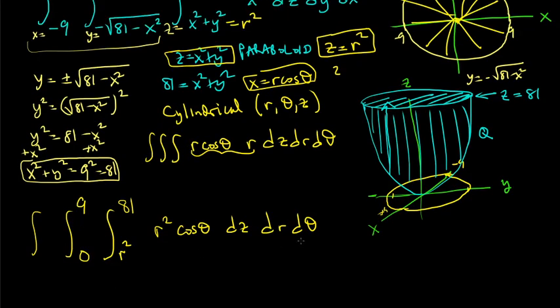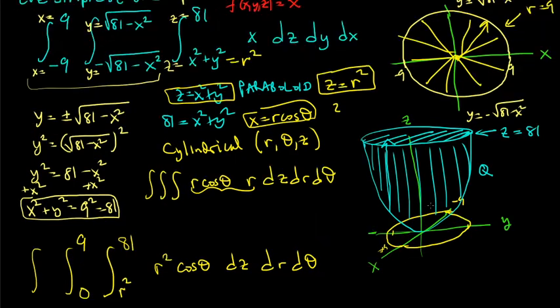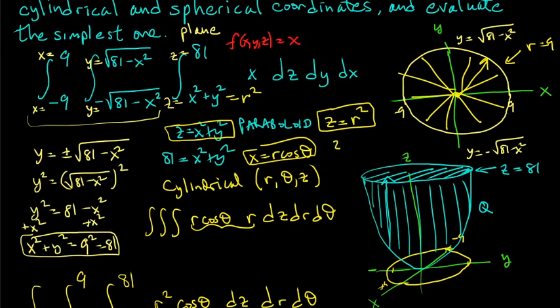Now what about theta? What is theta doing? Well, it looks like we want the entire disk, right? So we're going all the way from 0 degrees, which is the positive x-axis. You go to pi over 2, and you get a quarter of the disk. You go to pi, you get half the disk. If you go to 3 pi over 2, you get 3/4 of the disk.